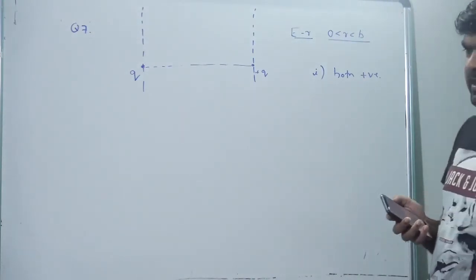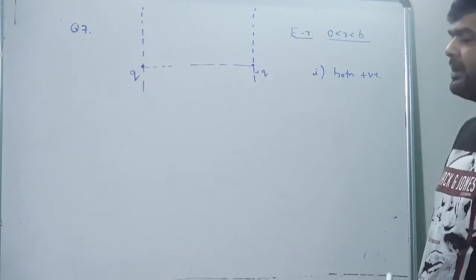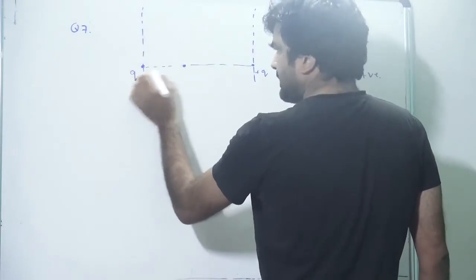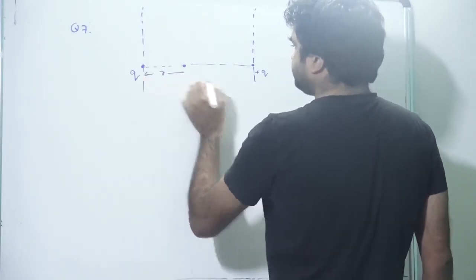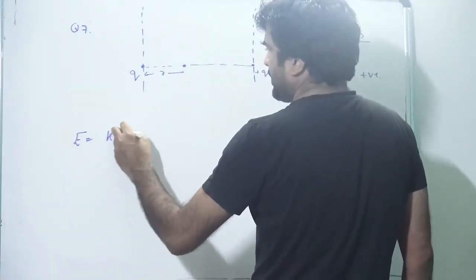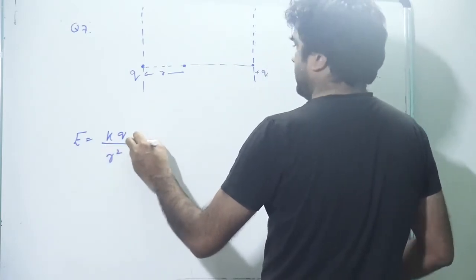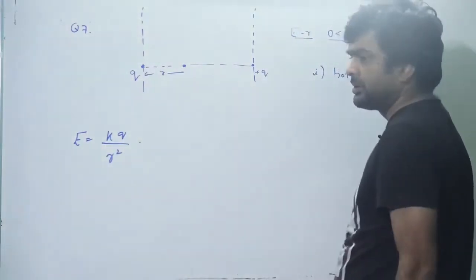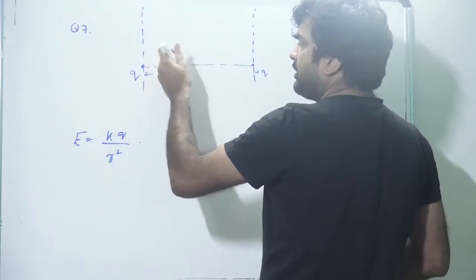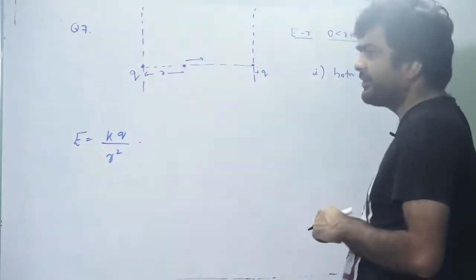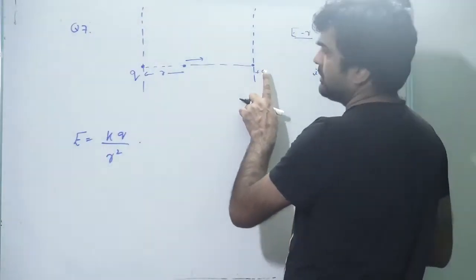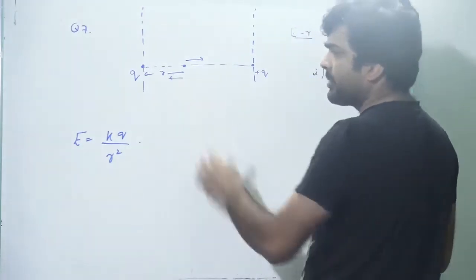We can either find the expression of this field. How? Let us say from this plus charge q at a distance r, the electric field will be E is equal to kq by r square because of this charge. And because of this positive charge, the electric field will be in this direction. If right direction is taken as positive, this term will be positive, and due to this charge q, the electric field will be in this direction and therefore it will be negative.